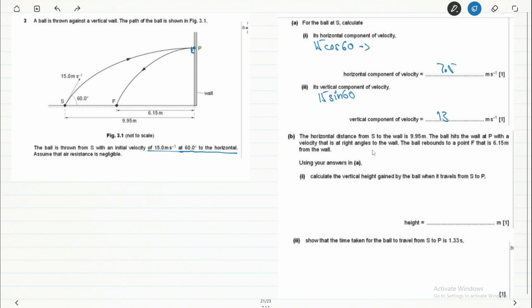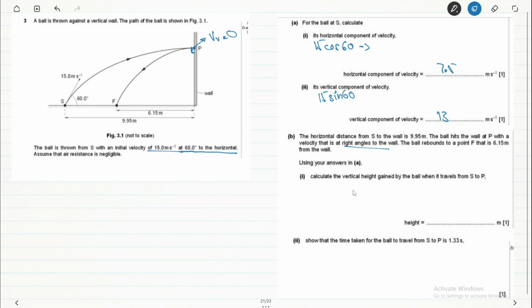If it hit at an angle, it would not be at the point where it has no vertical velocity, so it hits perfectly where the vertical velocity is 0. The ball then rebounds to a point F, to here.